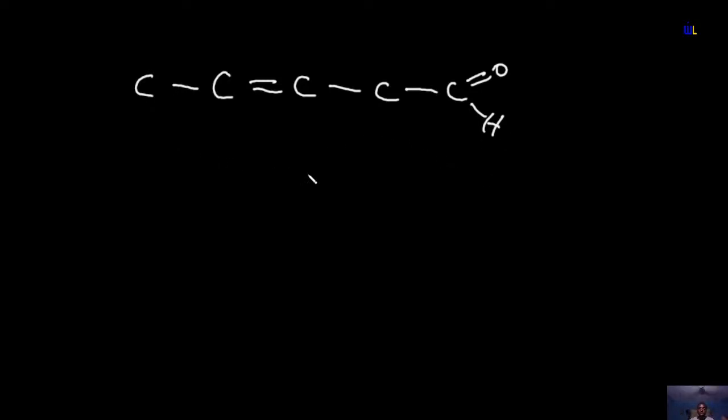Is it going to be from the left side or from the right side? Right, exactly. The simple reason is that the carbonyl group is above alkene in the order of priority.